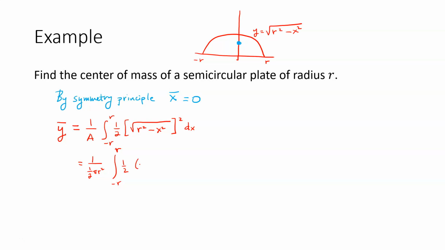Here when I square the square root, it just becomes r squared minus x squared. I can simplify the 1/2 with the 2 there. I can also use some symmetry here, because we notice that this is an even function, so integrating from negative r to r is equal to 2 times the integral from 0 to r, exploiting the even symmetry in the function.